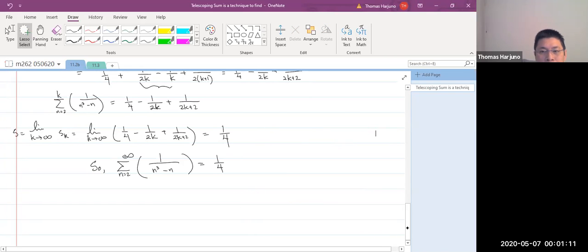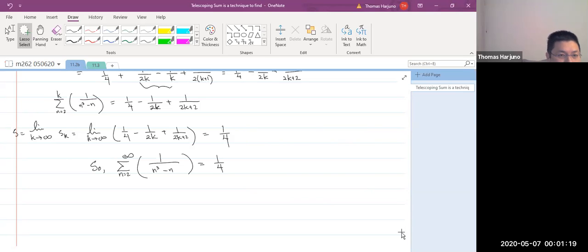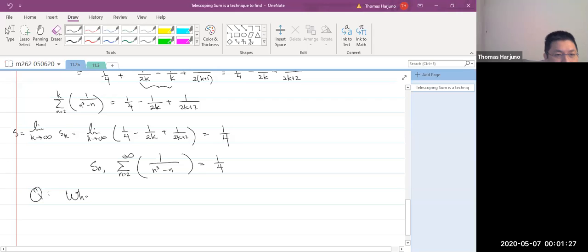Now, that brings us to a question that we already answered in algebra 2. The question of why a number with a repeated decimal is considered a rational number.